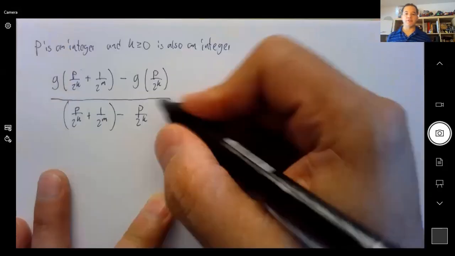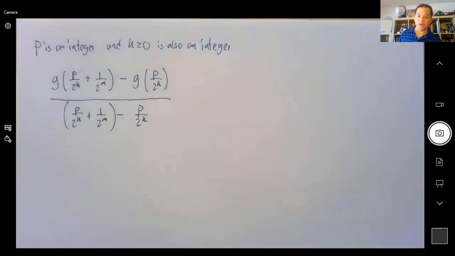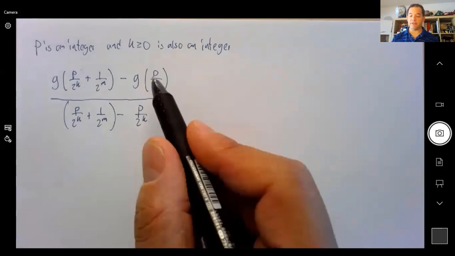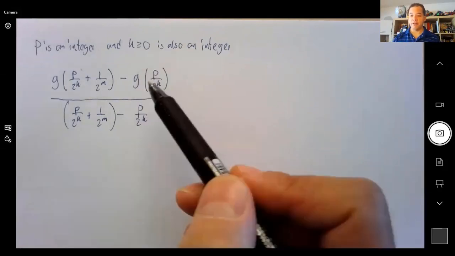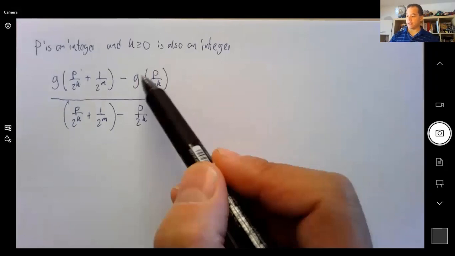Let's put the big one first. Doesn't matter, but just to be organized. So this quotient is the one we're going to check. And if the limit of this doesn't exist when m goes to infinity, we're done. That would show that the derivative doesn't exist for g of p over 2 to the k.